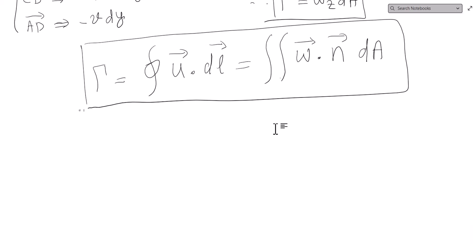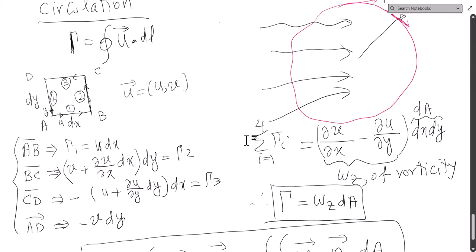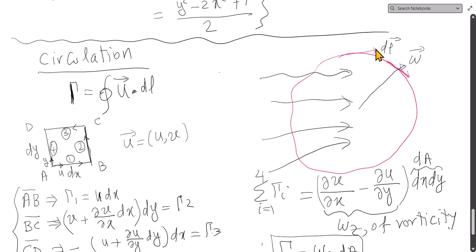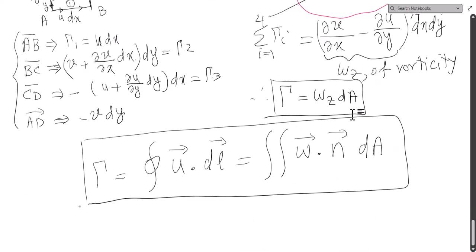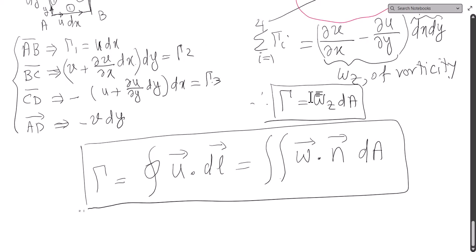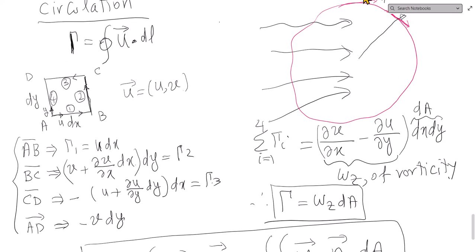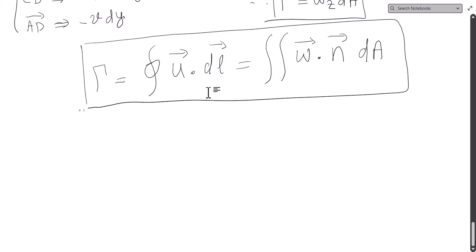Okay, so we have discussed vorticity, we have discussed the angular velocity, and we have discussed the circulation, which is basically the collection of vorticity in an enclosed path. If omega is 0, if there is no vorticity in your enclosed path, therefore circulation is 0. And that's a good measure of whether you have any circulation in your enclosed path or not.